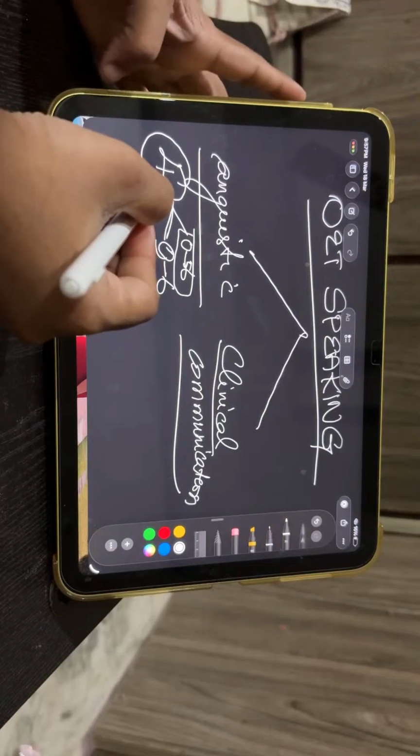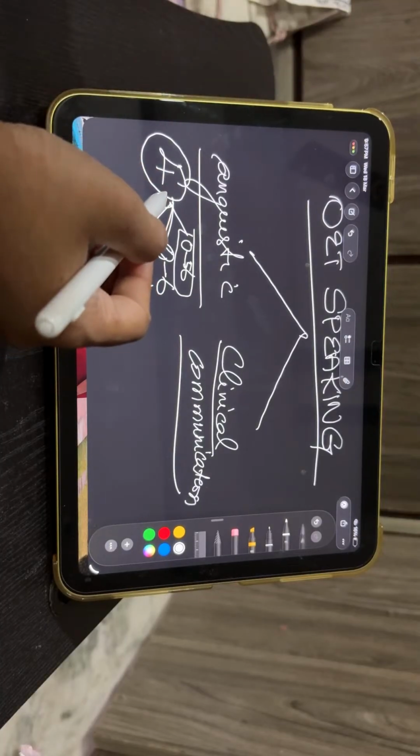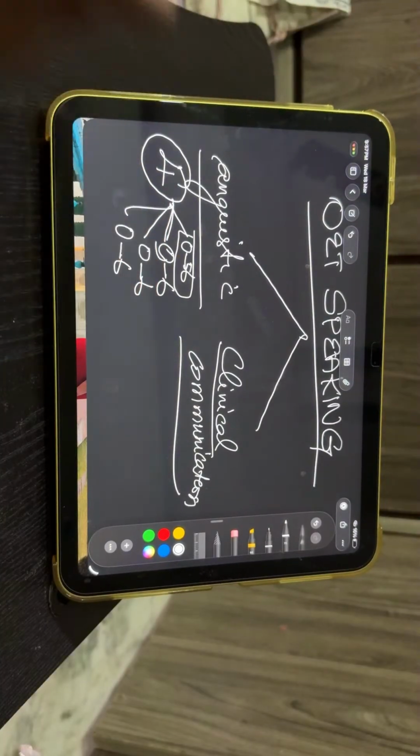So linguistic criteria has four components to evaluate.